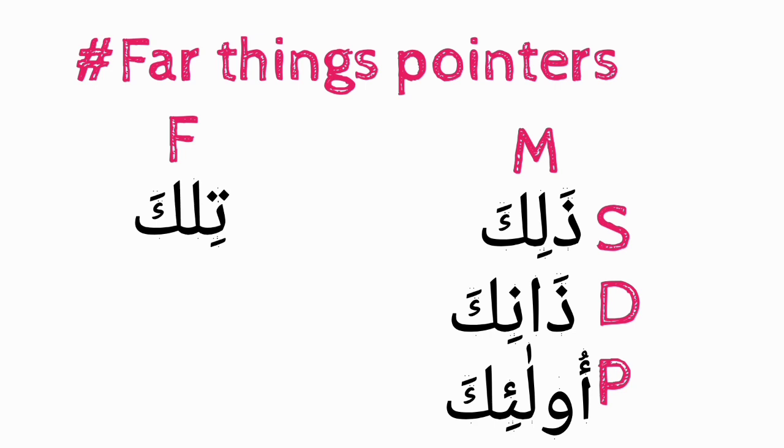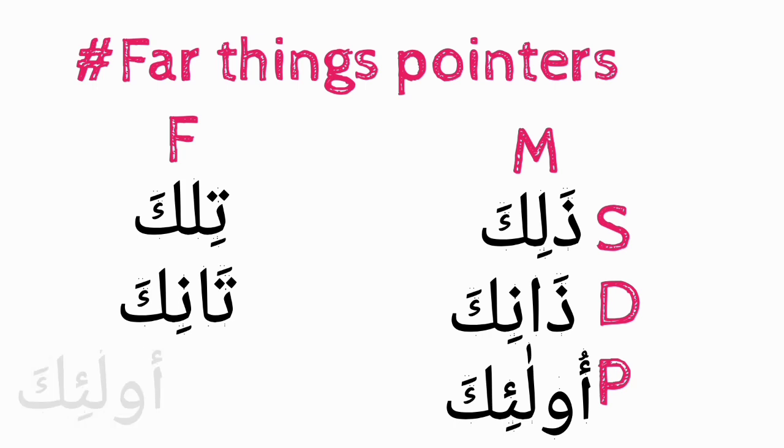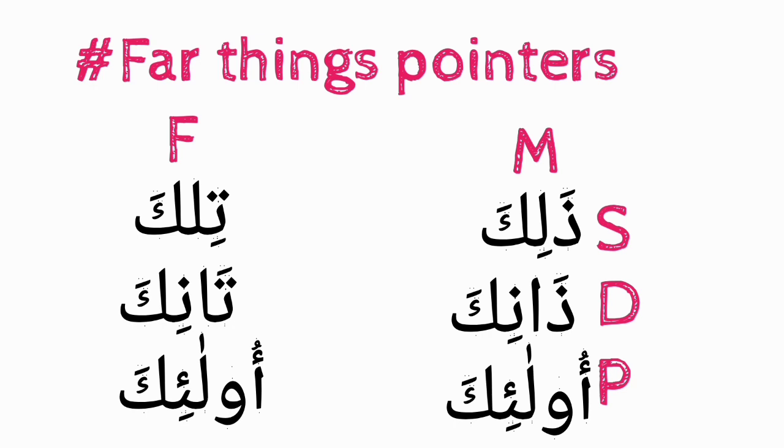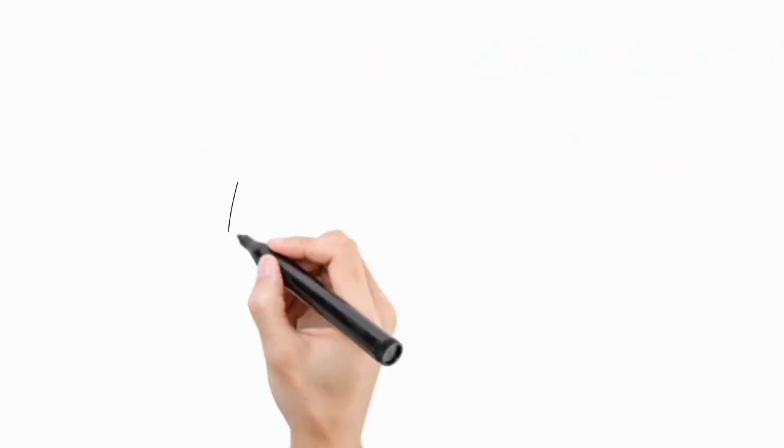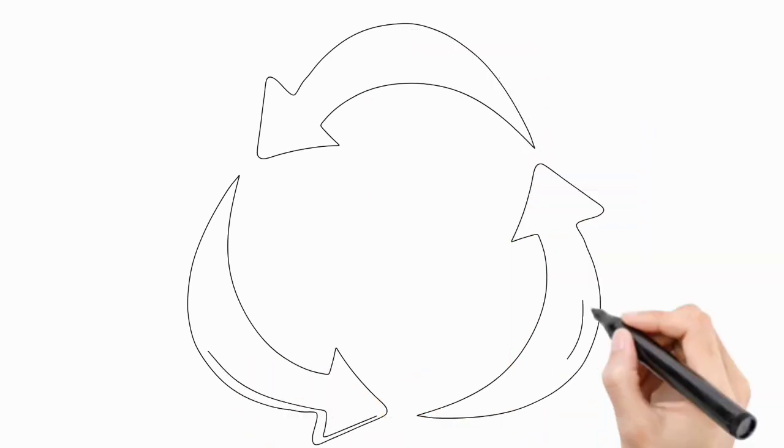While for the feminine we have tilika, which means that, and the dual aspect is tanika, which means those two, and the plural aspect is ulaika. These are for a number above two.